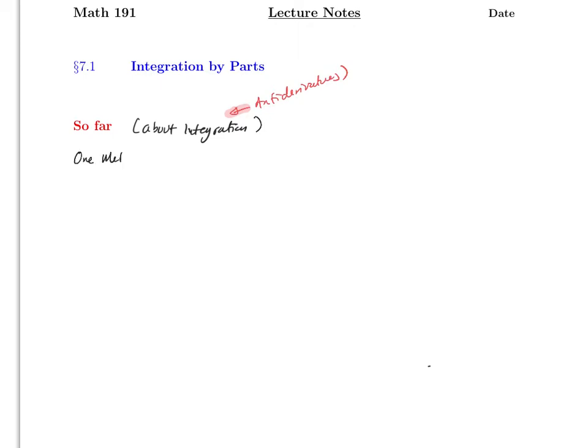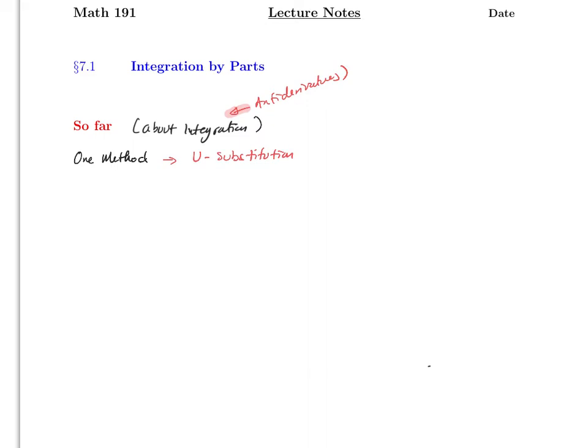And the method, I call it substitution. Other books call it a U substitution, because you usually use the letter U to do the substitution.